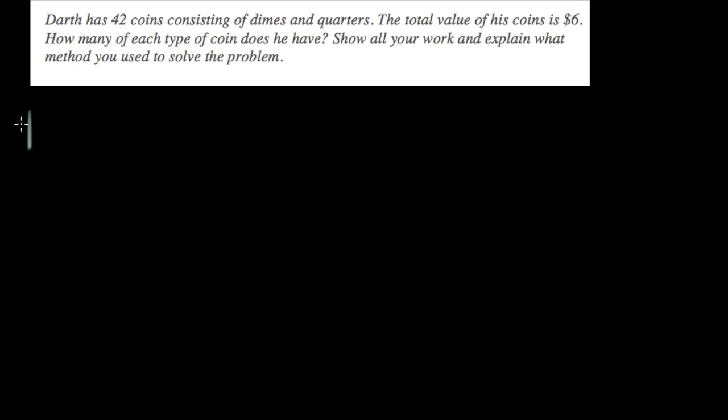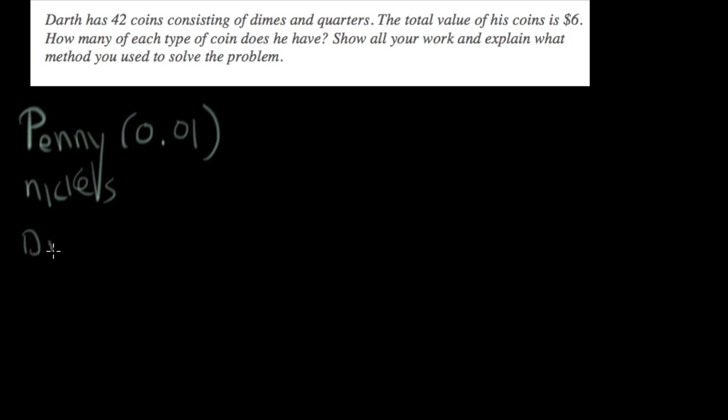Now, there's a few things we need to know about money, and we're going to use the North American terms. So a penny as a decimal is 0.01. We have nickels, dimes, quarters. Now, if you're really lucky and you have a Canadian teacher, you have things called loonies. And I kid you not, you have things called toonies.